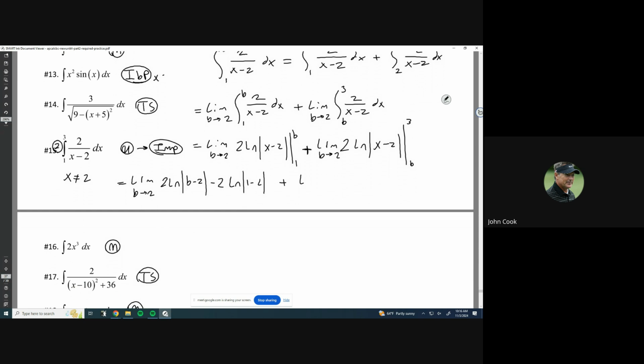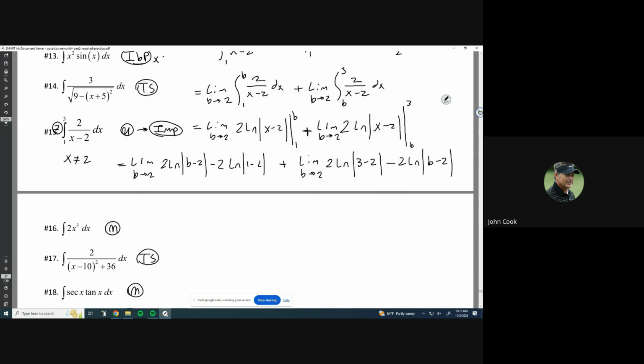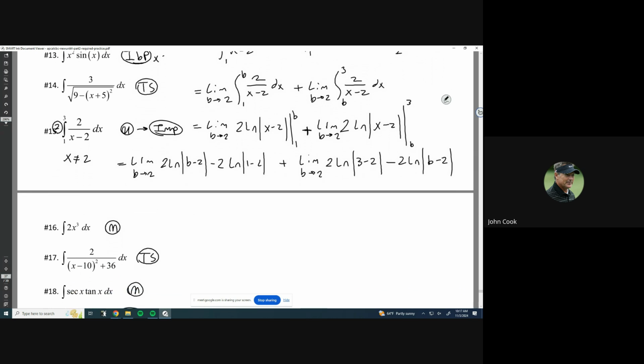And then it's going to be the limit as b goes to 2 of, if I plug in the 3 there, I get 2 natural log absolute value of 3 minus 2, minus 2 natural log absolute value of b minus 2.